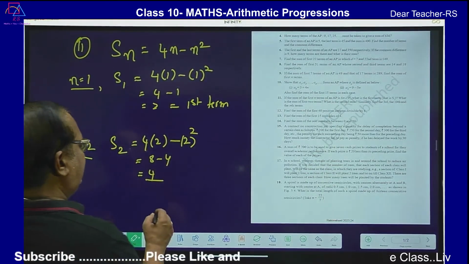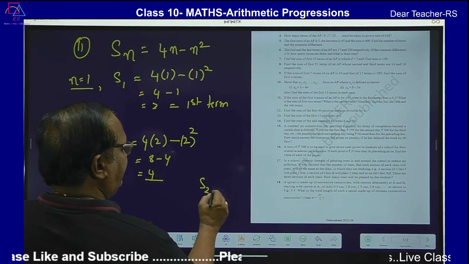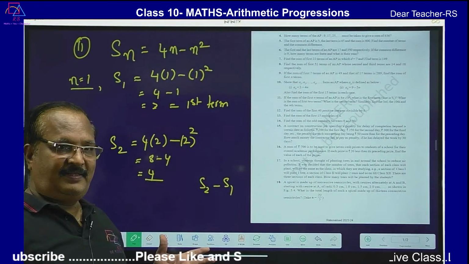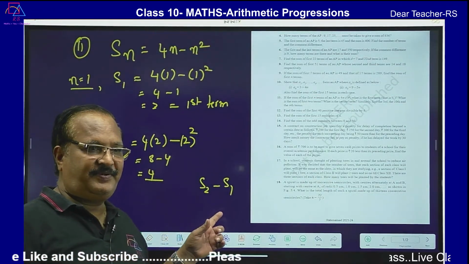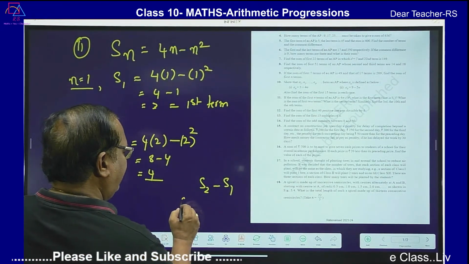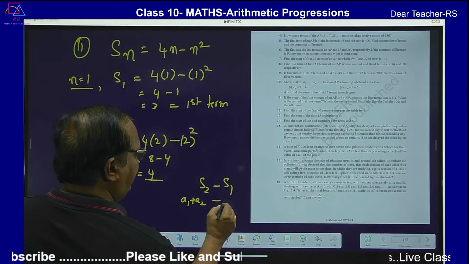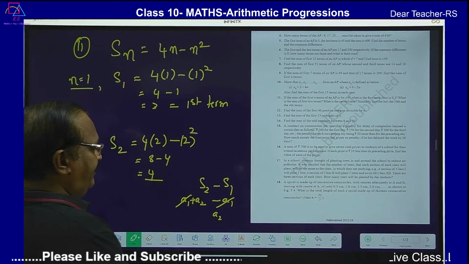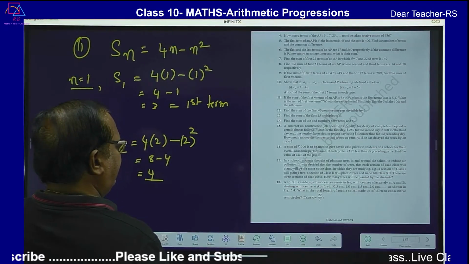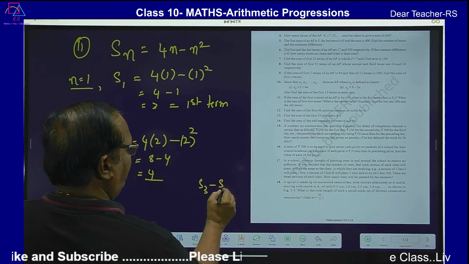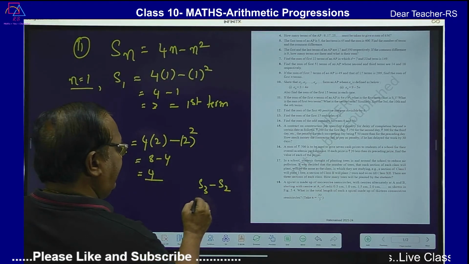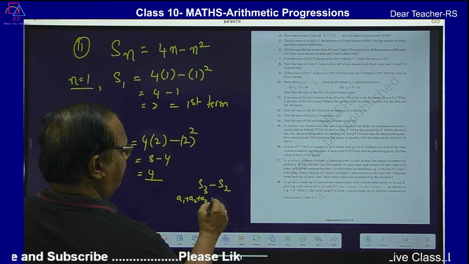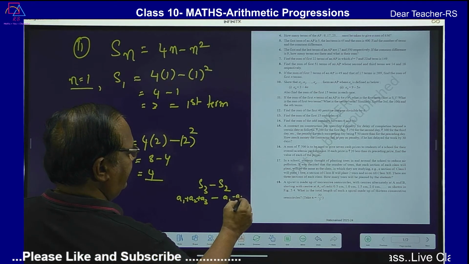Suppose S2 minus S1, if you are subtracting S2 minus S1, what you are going to get? Second term you are going to get. If you want, you can say A1 plus A2 minus A1. A1 gets cancelled, A2 we will be getting. Suppose if you are getting S3 minus S2, what you are going to get? S3 means A1 plus A2 plus A3 minus A1 minus A2.